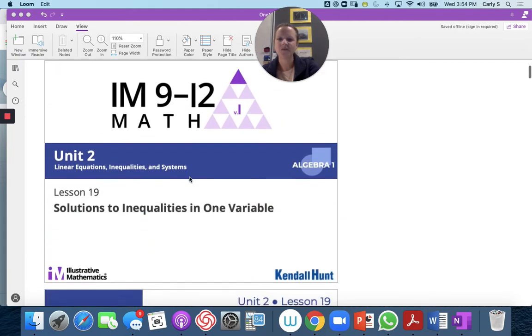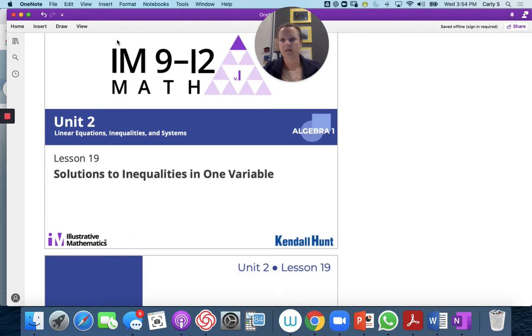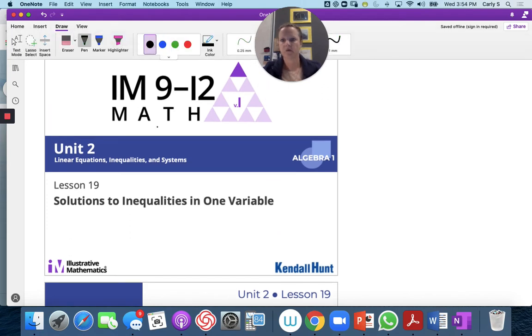Sorry. So today we're taking our inequality lesson one step further and talking a little more about solutions to those inequalities, again in one variable. We're still in one variable, which generally for us today is going to mean a number line, where we highlight values and shade.